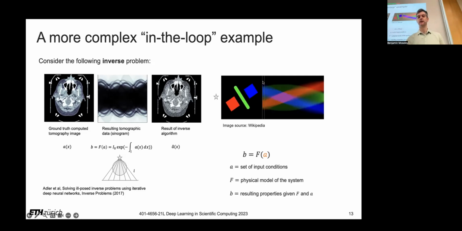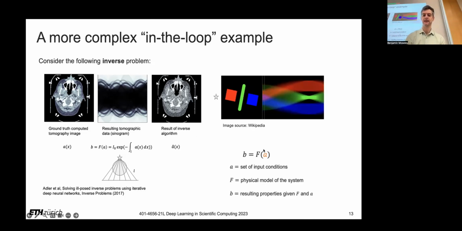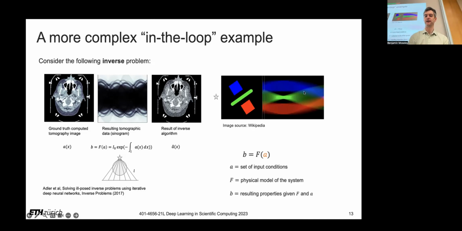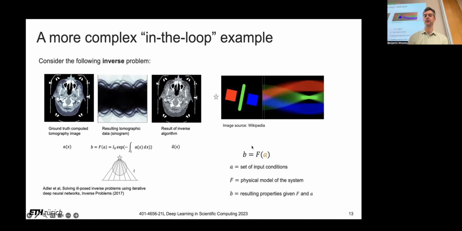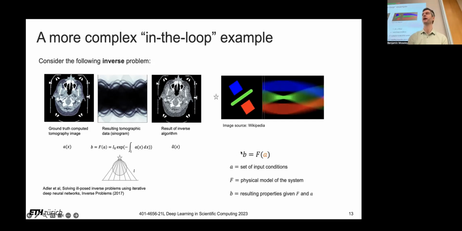You can think of them as an image, where one axis is the angle and the other axis is the position along the detector. The inverse problem is basically, given these observations of the sinogram, which we're going to call B here, can we figure out what the underlying image or attenuation profile is that the X-rays went through? This is a classic inverse problem. We have some forward model, which is this integration, and we have some observations, and we want to invert for the underlying parameters.